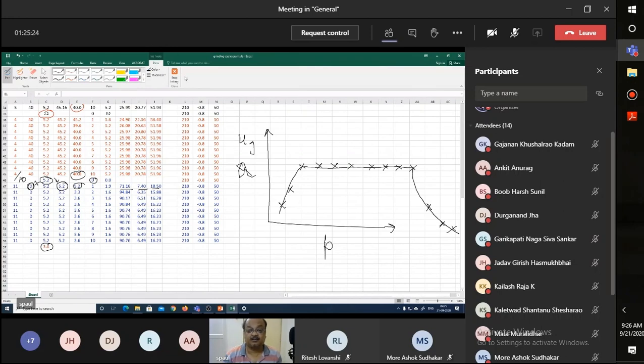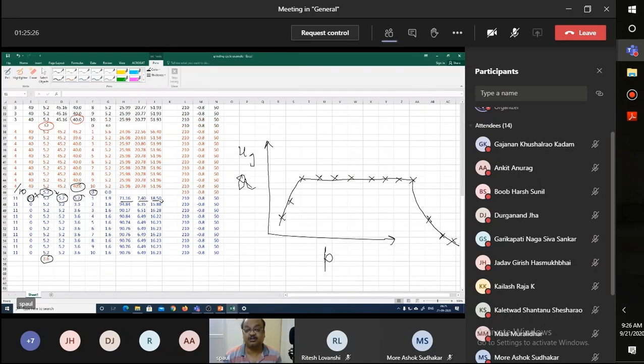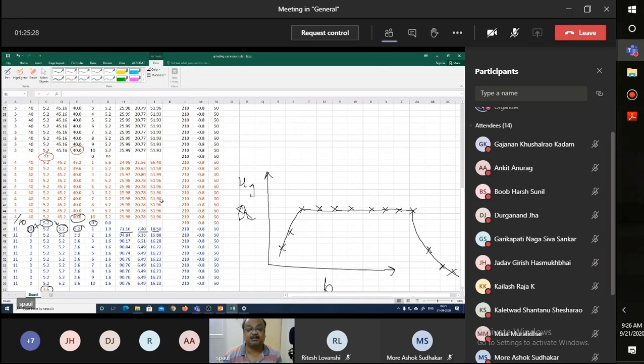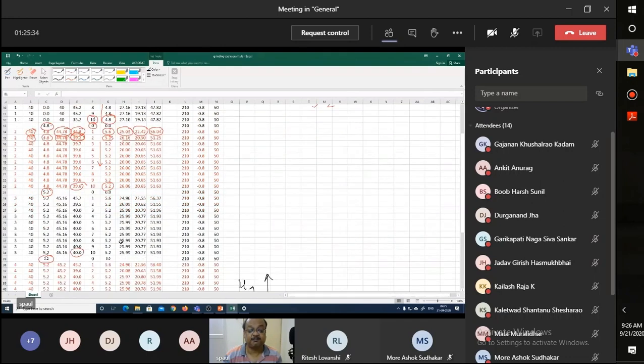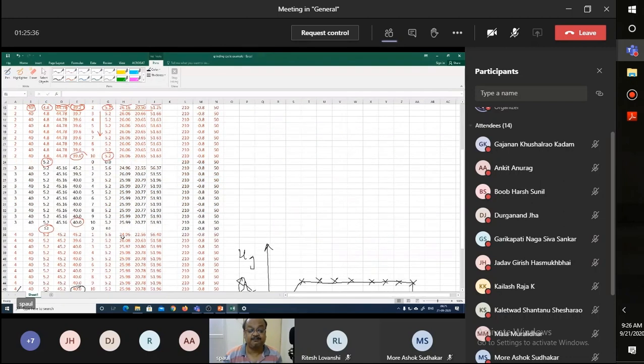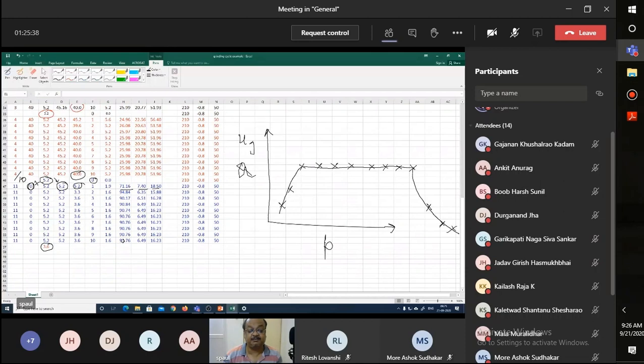Now let us use this and see what will happen to UG. In the first pass, your final UG value was 27. In the second pass, it was 26. In the third pass, it was 25.99. And in the 11th pass, it was 90. So what would happen? Let us say UG is red.